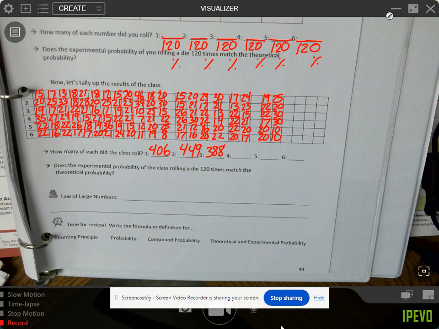35 plus 27 plus 24 plus 24 plus 19 plus 15 plus 27 plus 15 plus 22 plus 21 plus 7 plus 21 plus 22 plus 26 plus 30.